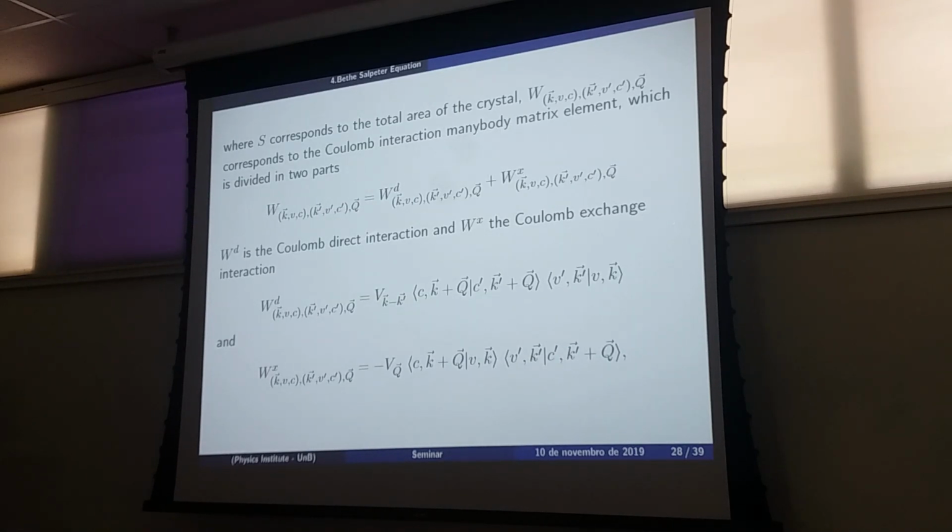Our Coulomb interaction, I can split into direct and exchange interaction here. And as you use the Tamm-Dancoff approximation, you can basically neglect the orbital character of the Coulomb interaction, take this out of the bracket notation, and use these simple treatments to calculate excitons. And we can obtain very good results.